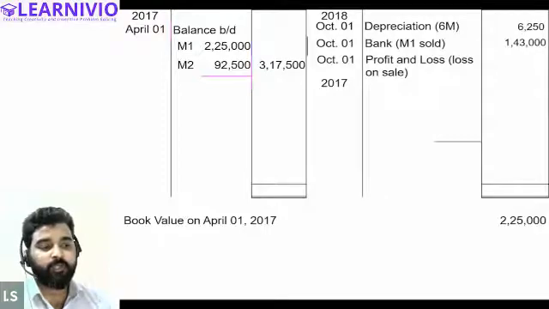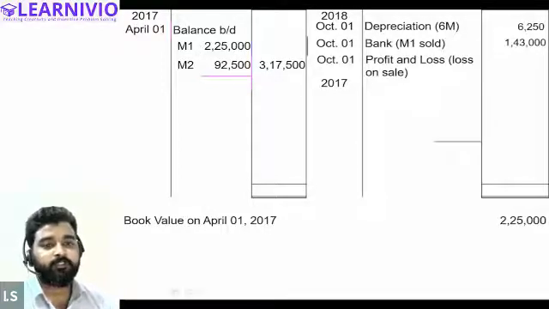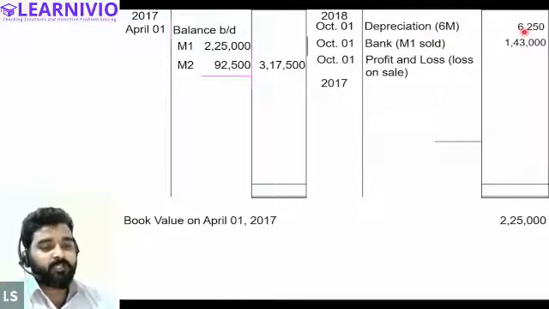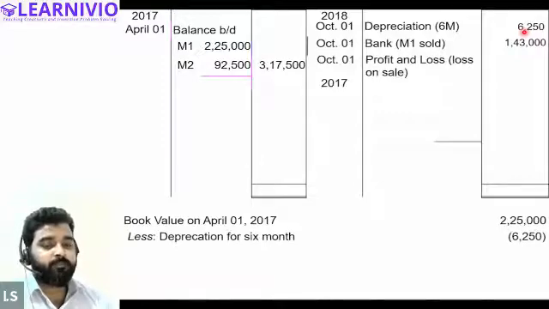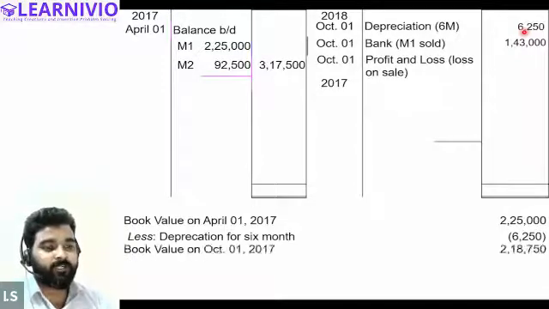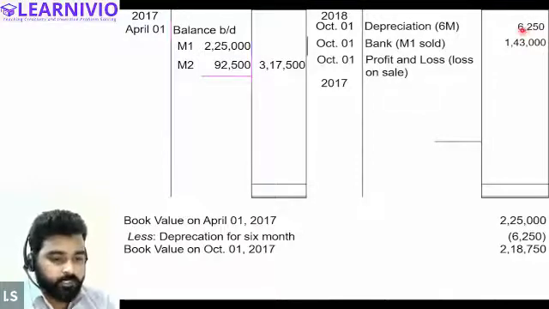At the beginning of the year, the book value was 2,25,000, right? Then 6,250 rupees is charged as depreciation. So the current value of the asset is 2,18,750 rupees. Halima, is this clear?